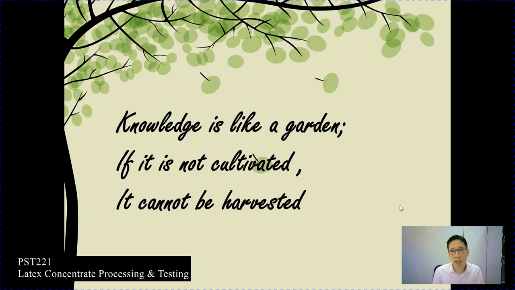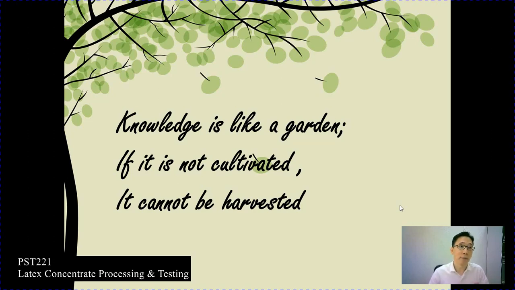So here, what I need to say is, although we already covered chapter 3 and most of the knowledge has been transferred to you, the important thing is how you nurture it, how you cultivate it. Once you have knowledge, you need to take care of it. You need to add more knowledge, continue reading, do some research.